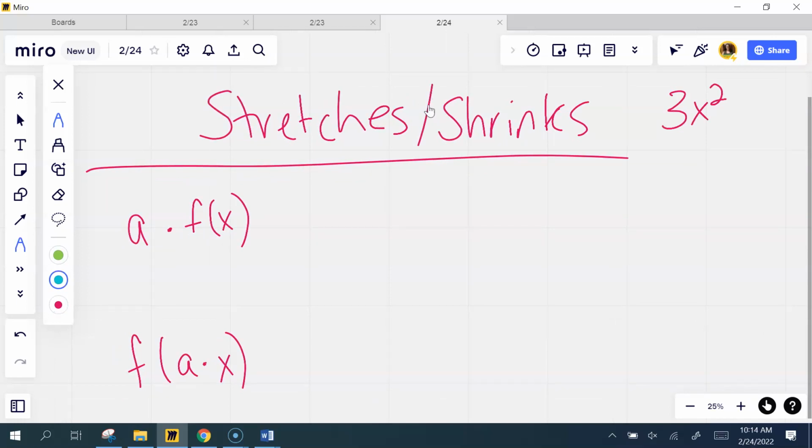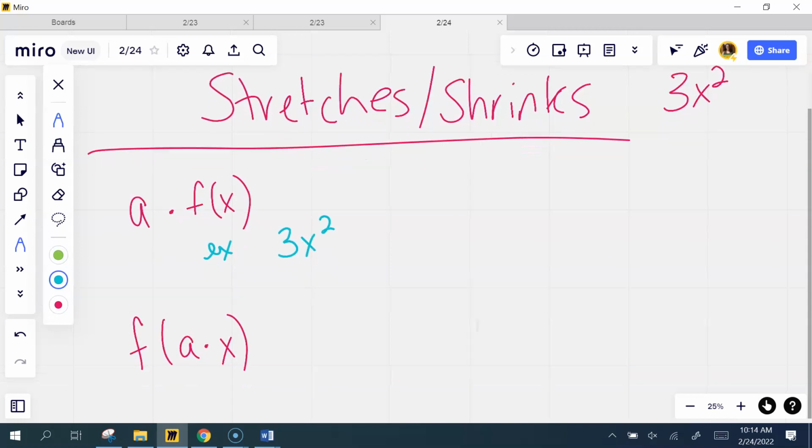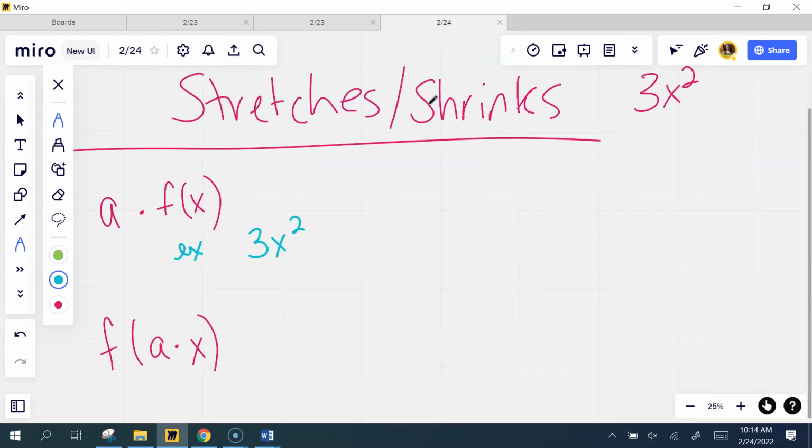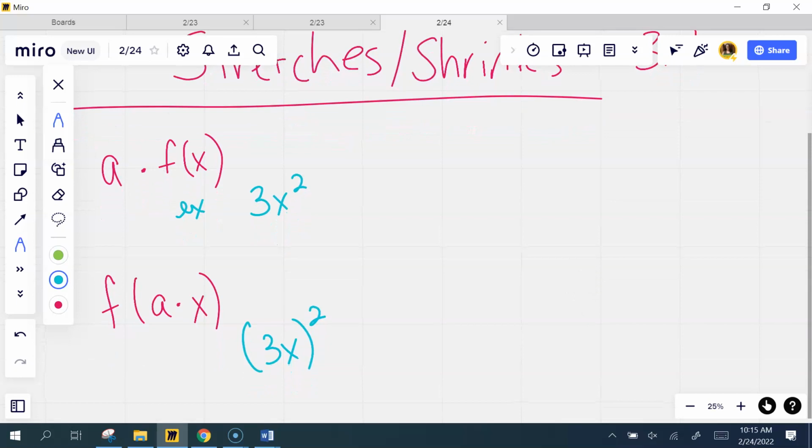So if the number is just outside, in other words, if I just have 3x squared, okay, that's what I'm talking about. For example, 3x squared as opposed to (3x) squared. You see the difference? One's hooked just to the x and one's just thrown in front of the equation. So inside the parentheses or not.